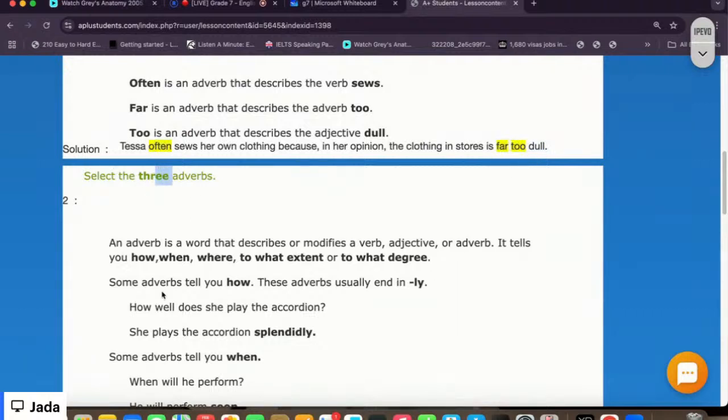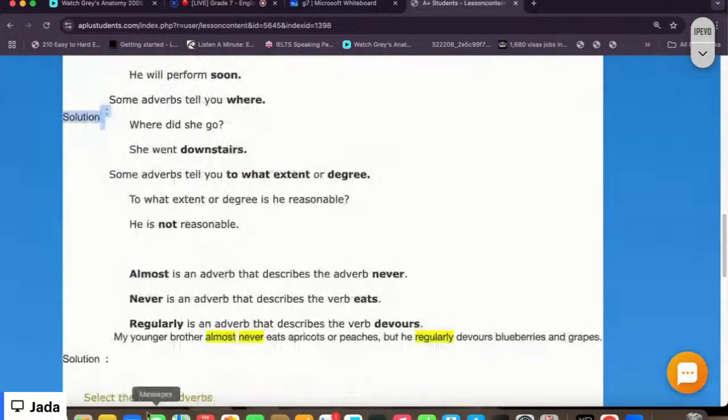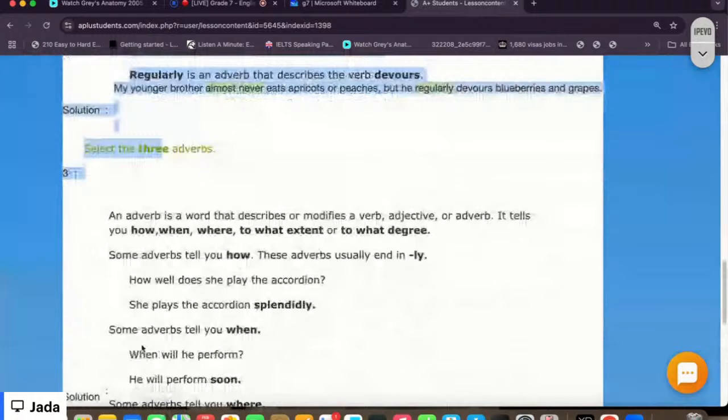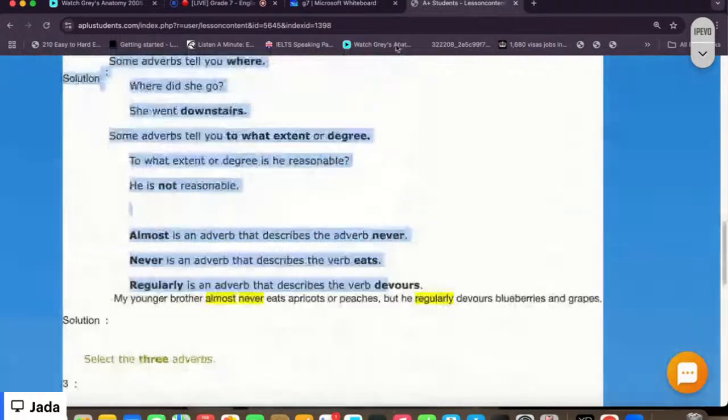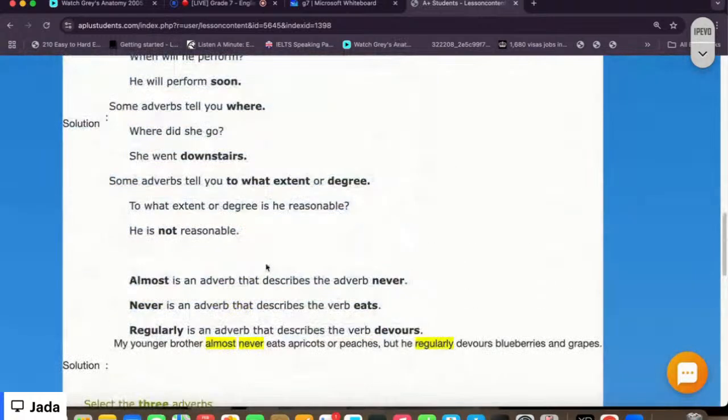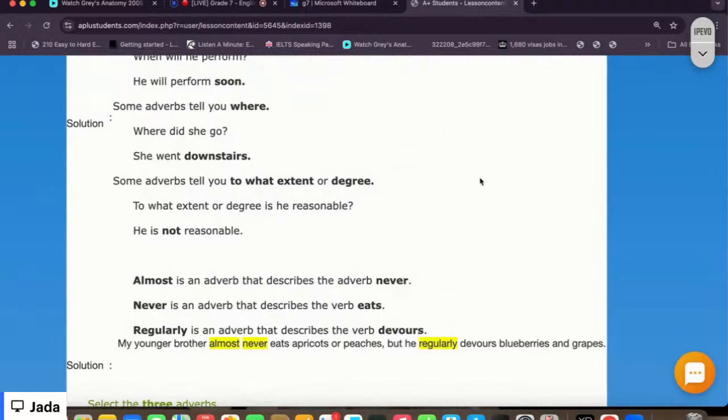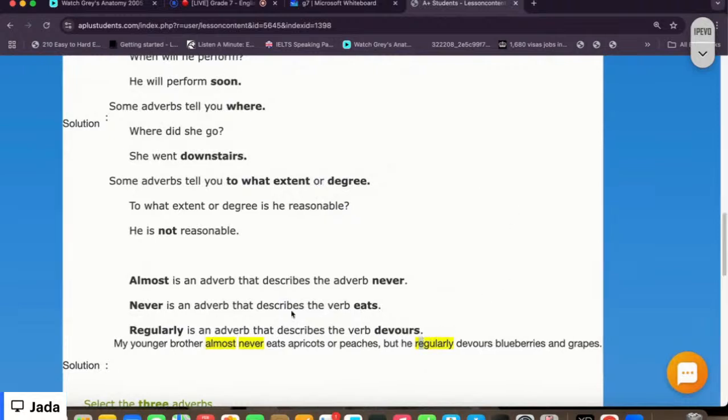And then here we also have to select three. My younger brother almost never eats apricots or peaches, but he regularly devours blueberries and grapes. So regularly and almost never are adverbs here.